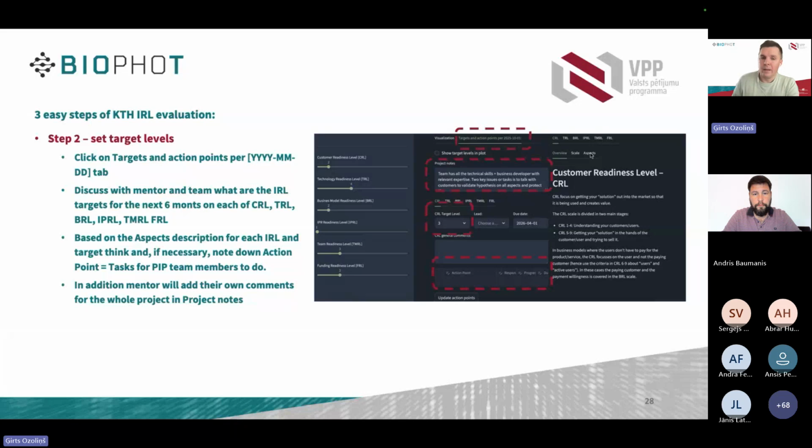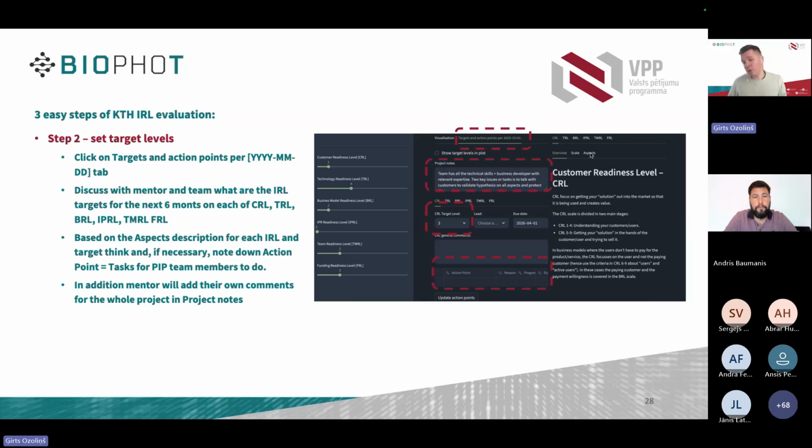From that, you as a team leader or the main researcher, or the business person, can work on it. I also had a mentoring session with a main technical researcher and a business person. For example, customer readiness level and business readiness level are more for the business person.